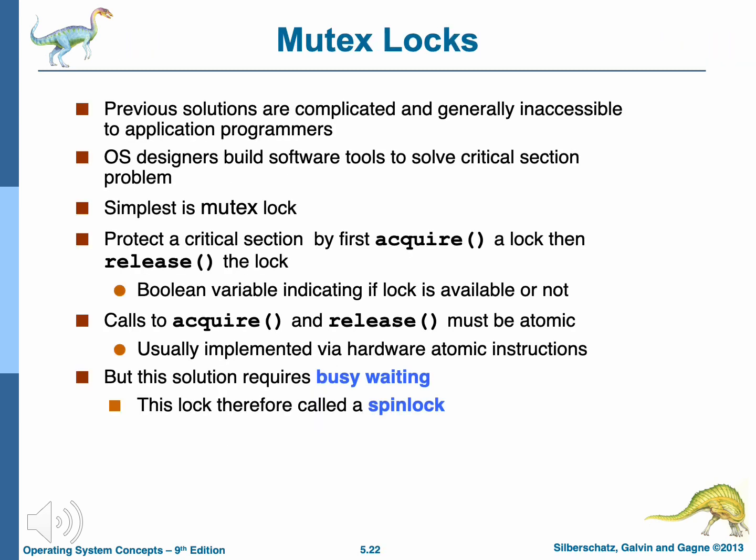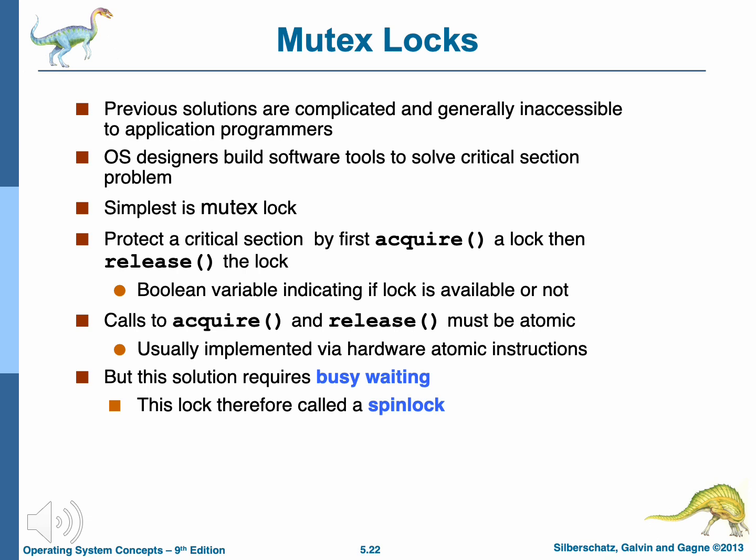Mutex locks. The hardware-based solutions to the critical section problem presented earlier are complicated, as well as generally inaccessible to application programmers. Instead, operating system designers build software tools to solve the critical section problem. The simplest of these tools is the mutex lock.